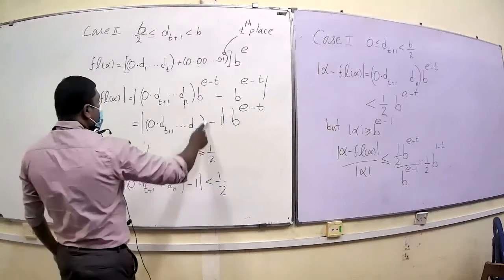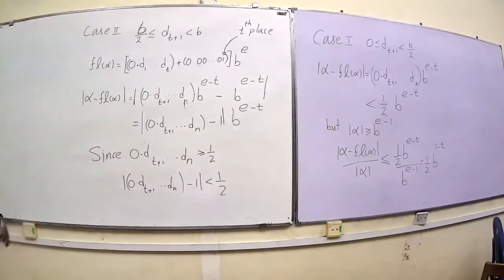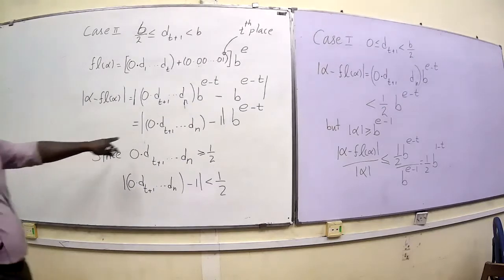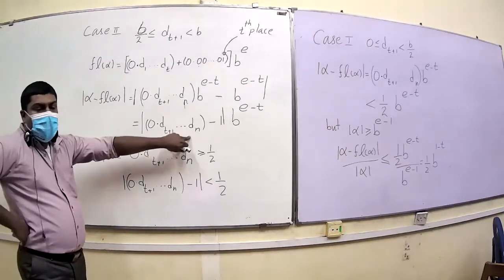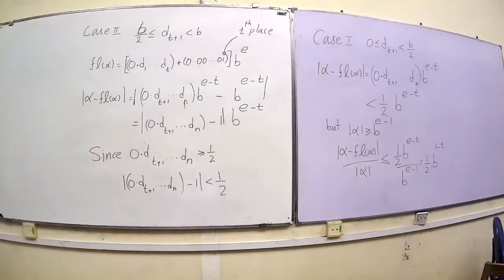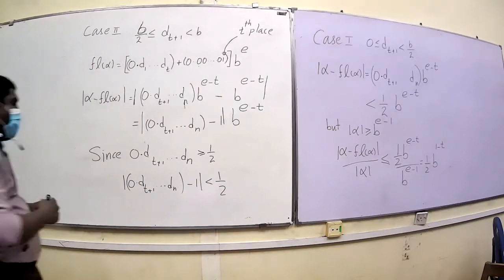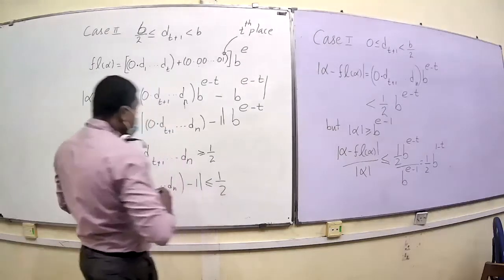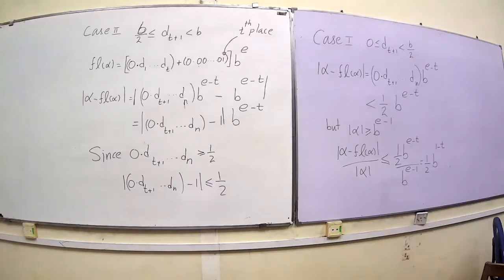because this fraction is larger than half of the base, and so this fraction, if you think of base 10, this part is greater than 0.5 minus 1. So something bigger than 0.5 minus 1 is basically less than or equal to 0.5 or smaller, right?